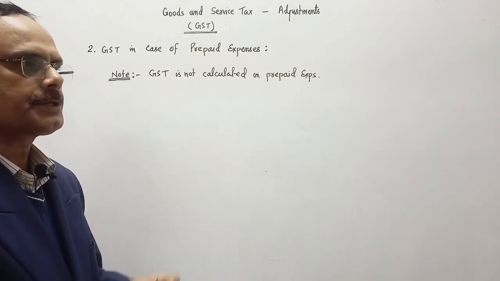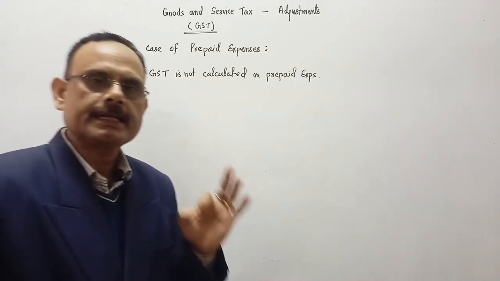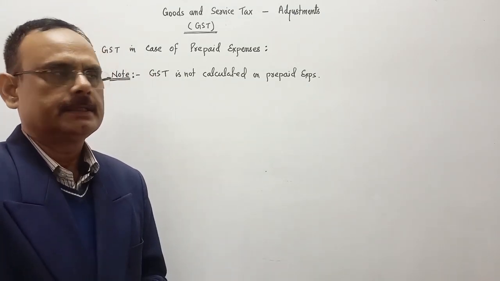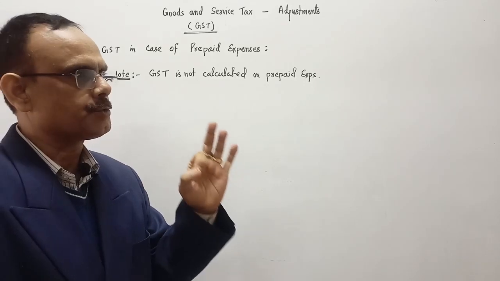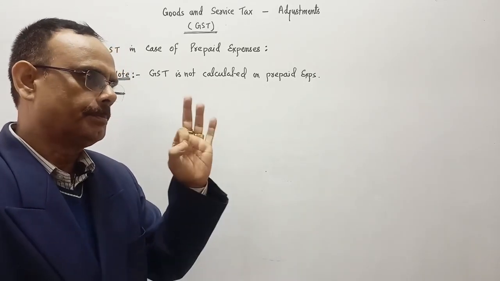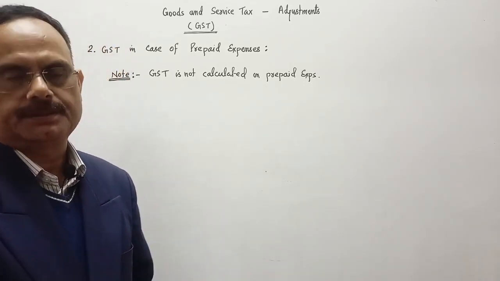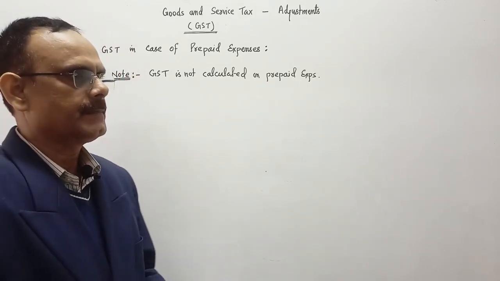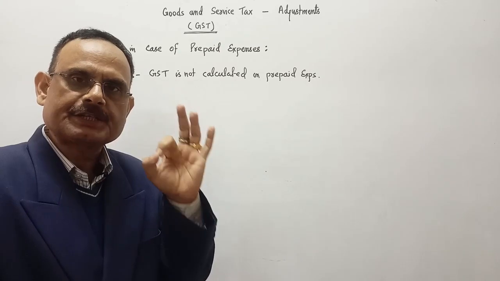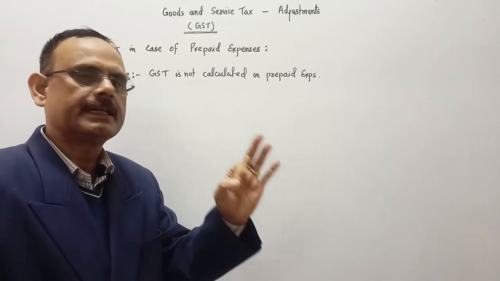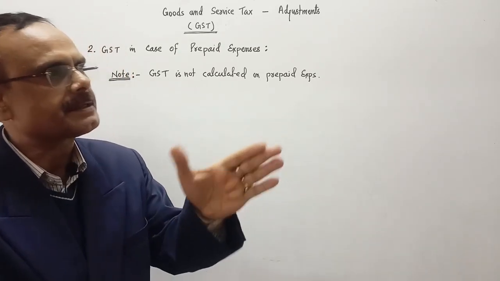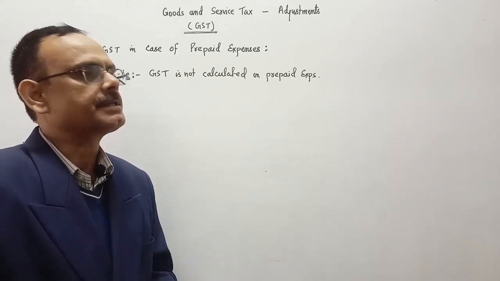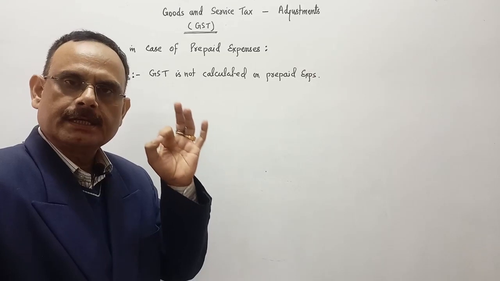If the information regarding prepaid expenses is given in the adjustment, after the trial balance or outside the trial balance, then GST is not going to be calculated on prepaid expenses. Is it clear?